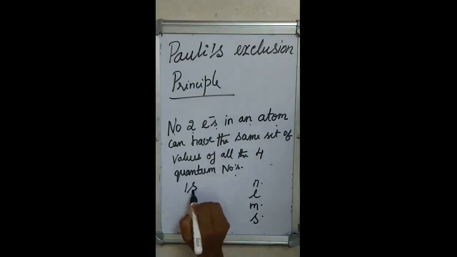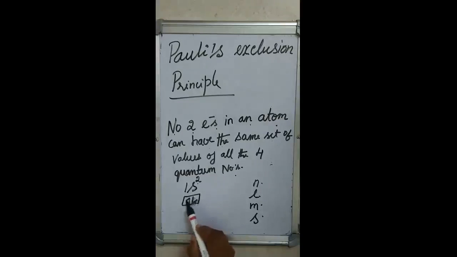Each orbital has a capacity to fill 2 electrons. In box form, I will write it like this, indicating the filling of electrons. In the 1s orbital, 2 electrons are present: this is 1 electron, this is another electron, in the same orbital.